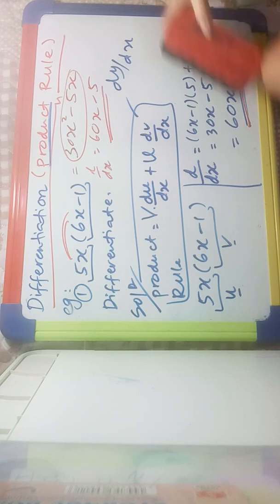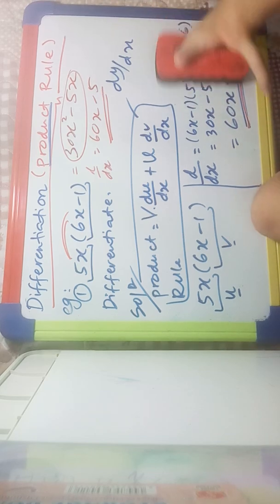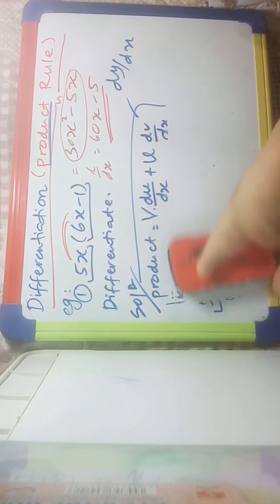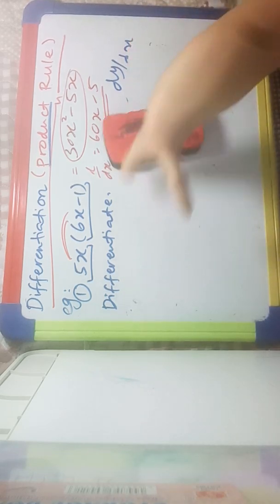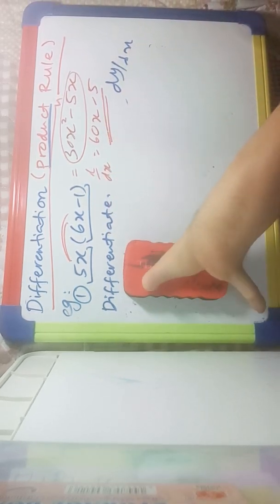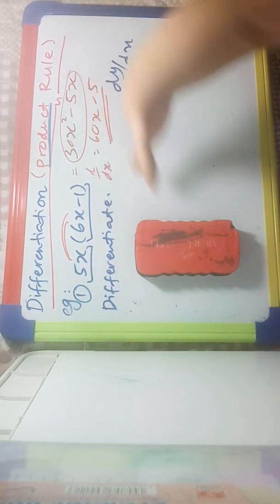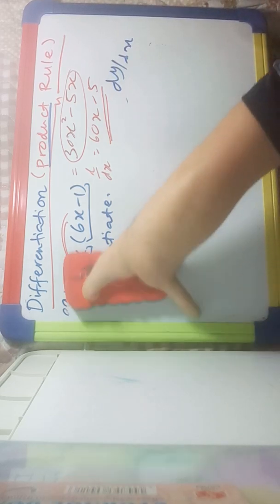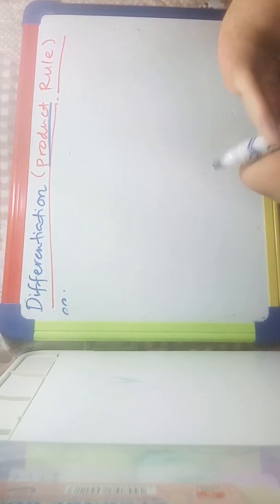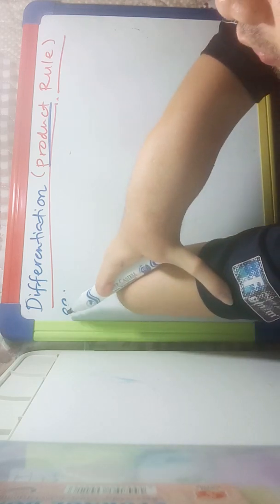Why do we need to know this product rule? In this type of question, number 1, some students don't use the product rule. They expand like this. Can, no problem. But what if you have a question like this? Question number 2.